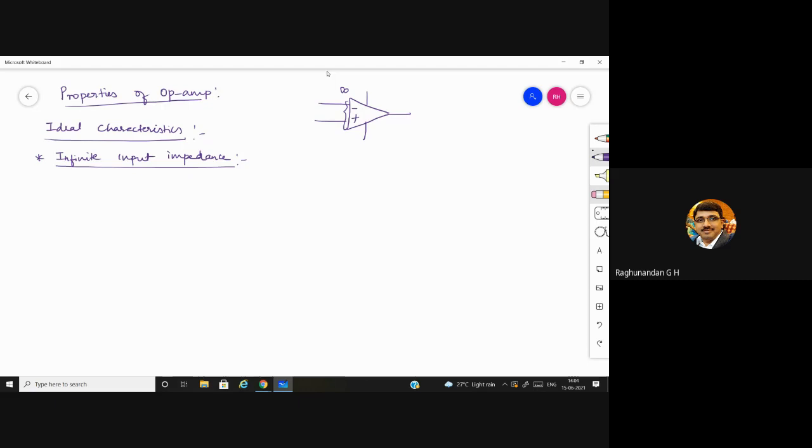Can anyone remember what this was? To which terminal of the transistor were these two inputs, inverting and non-inverting terminal, given?